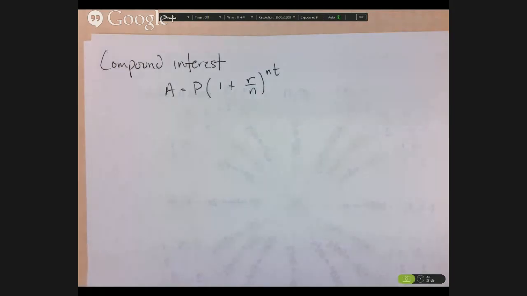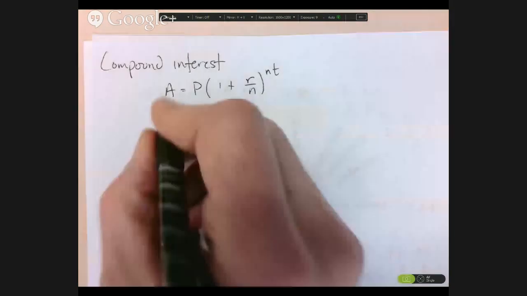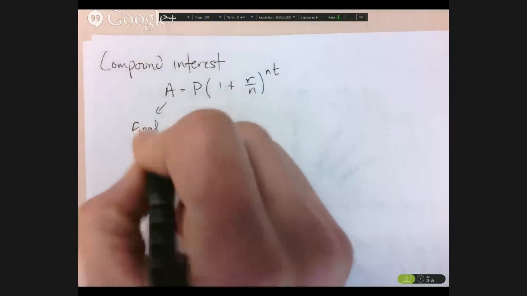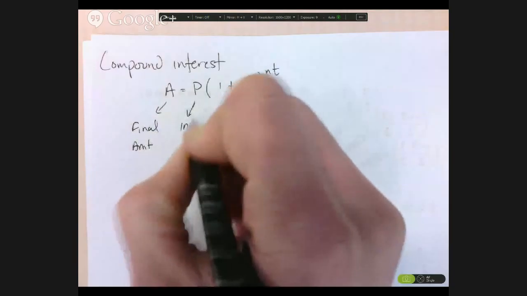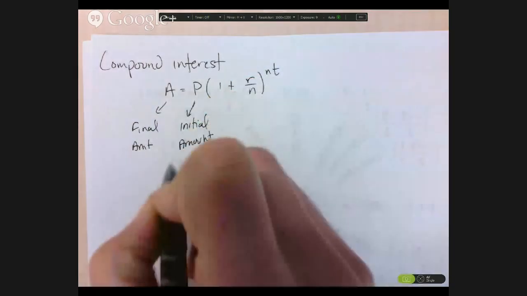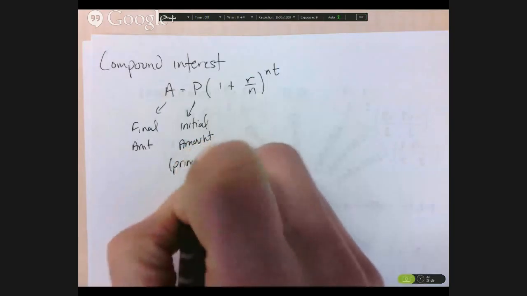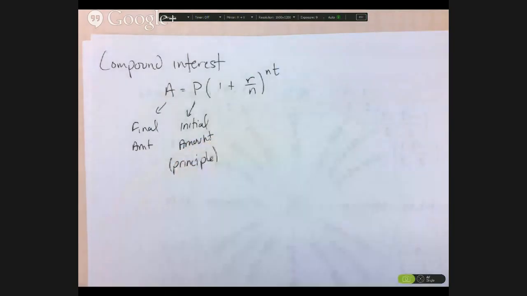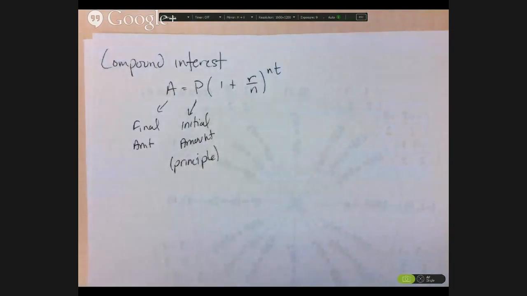So again, final amount, initial amount. That's called principal. So we're in a finance mindset now.